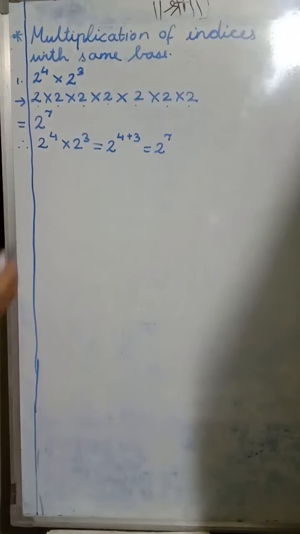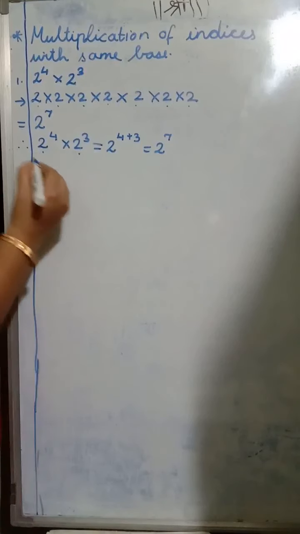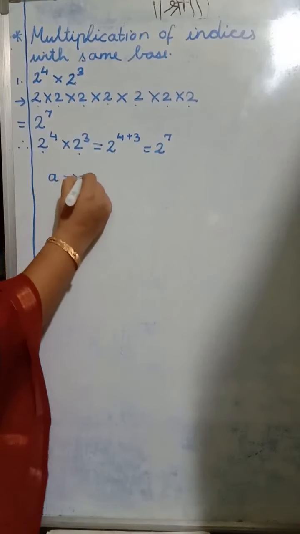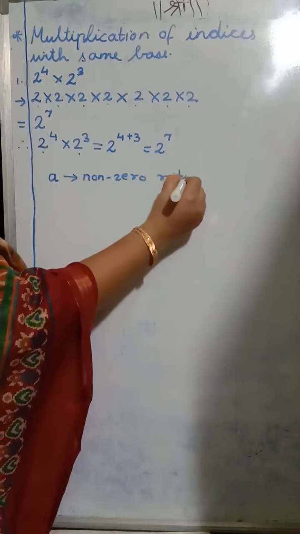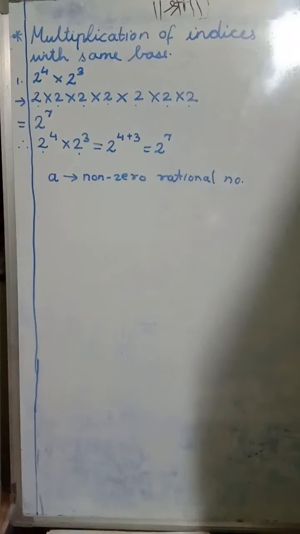Yes. So here, suppose in place of 2 I consider A, where A is a non-zero rational number, meaning it could be a natural number or integer, but A is not 0, any other number.